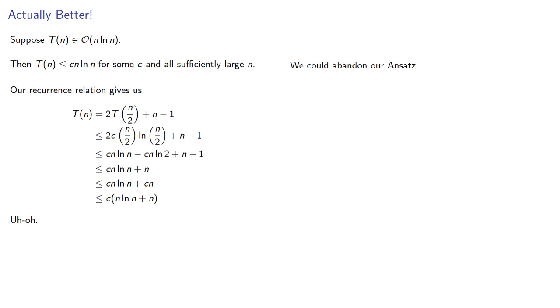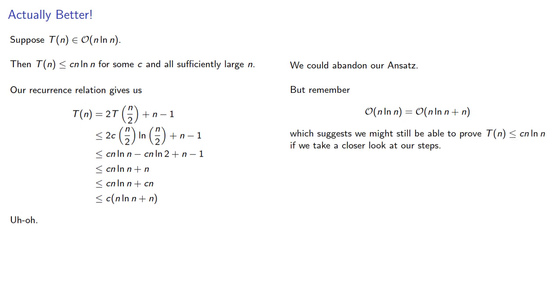Now we could abandon our ansatz, but remember big O of n log n is the same as big O of n log n plus n, which suggests we might still be able to prove T(n) is less than or equal to Cn log n if we take a closer look at our steps.